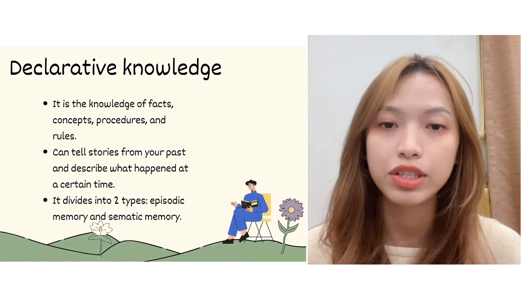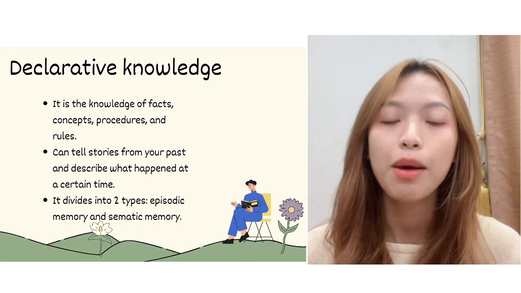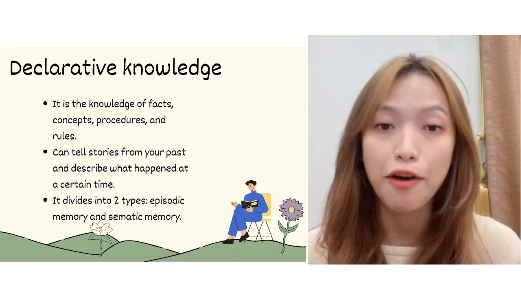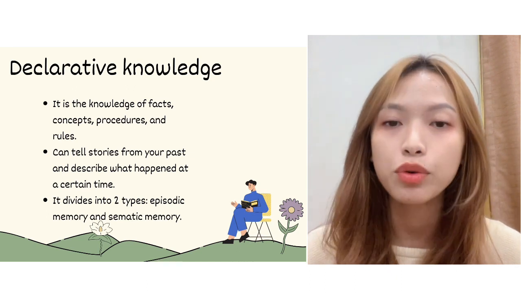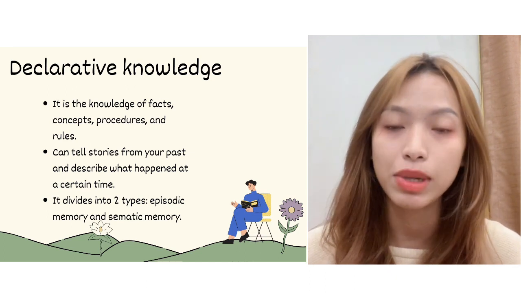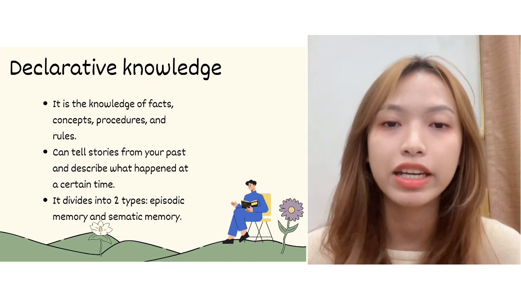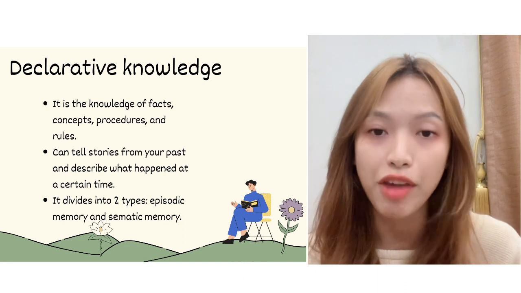It's about declarative information in the long-term memory. Declarative knowledge is the knowledge of facts, concepts, procedures, and rules. It has the ability to tell stories from your past and describe what happened at a certain time in your life consciously.